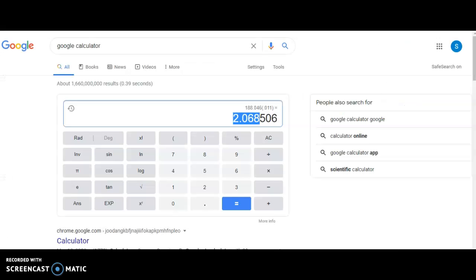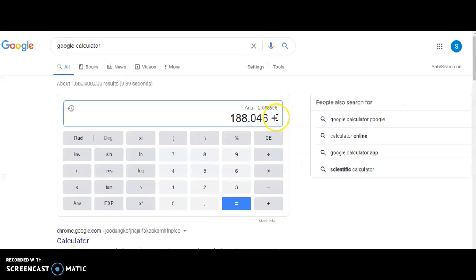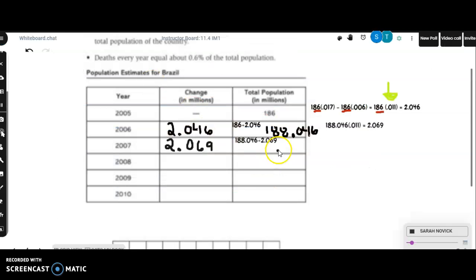So 188.046 plus 2.069 gives 190.115. That's what we fill in here. You would have 190.115 multiplied by 0.011, and that's what you put in your calculator to get your answer.